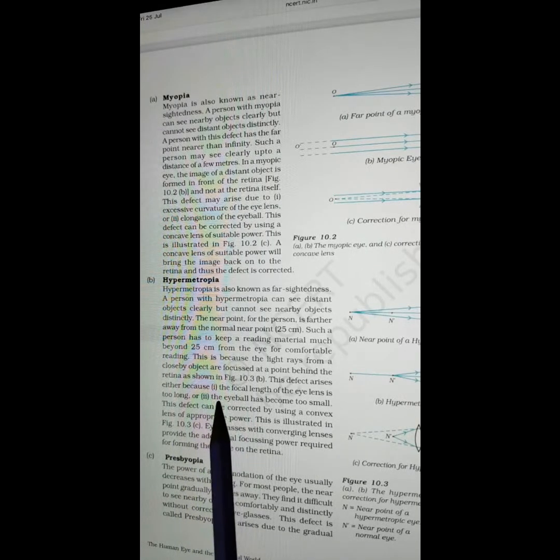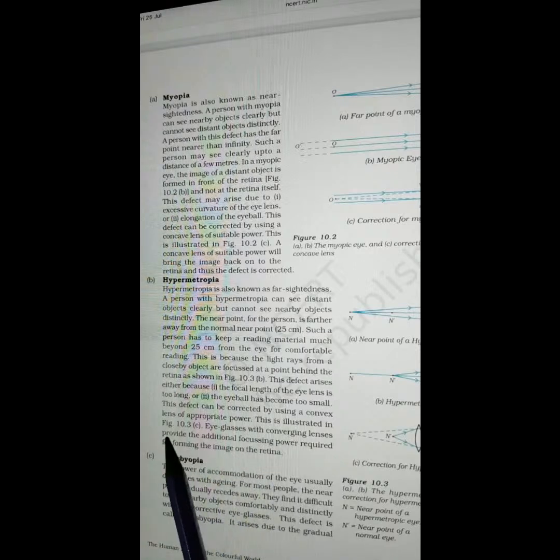This is because the light rays from a close by object are focused at a point behind the retina as shown in figure 10.3b. This defect arises either because the focal length of the eye lens is too long or the eyeball has become too small. This defect can be corrected by using a convex lens of appropriate power.